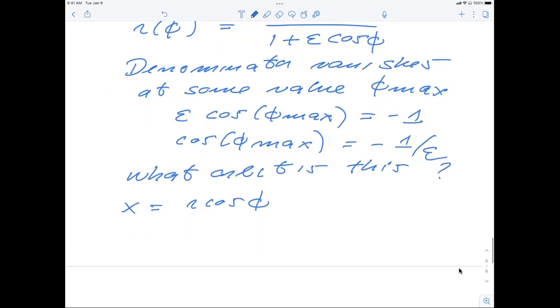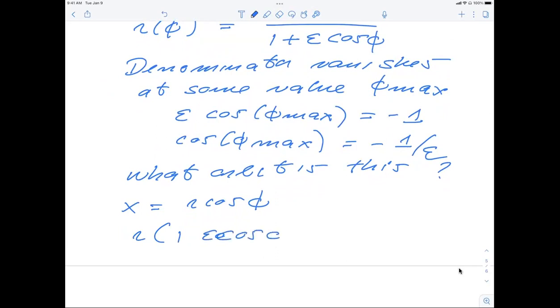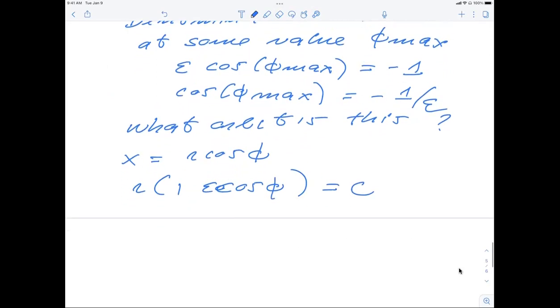So we multiply out, and we get R times 1 plus epsilon times cosine phi, and this is equal to C. We can rewrite this as R plus epsilon times X is equal to C. R is equal to C minus epsilon times X.